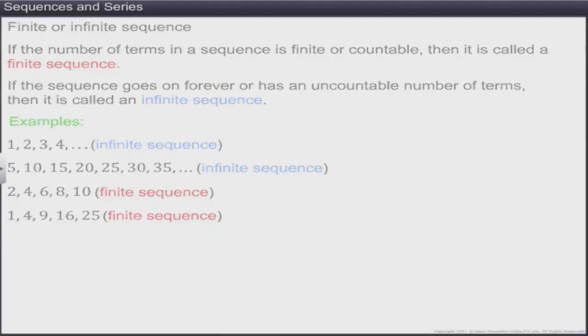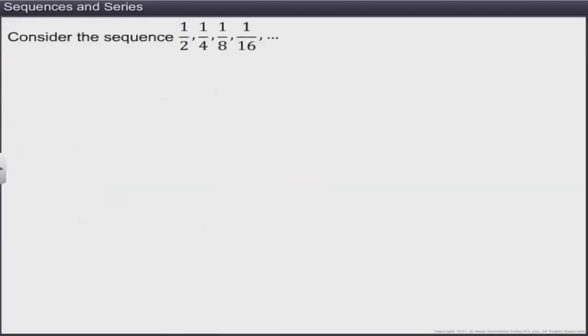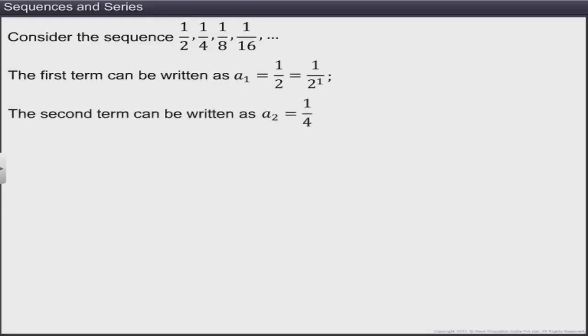For example, consider the sequence 1/2, 1/4, 1/8, 1/16, and so on. The first term of this sequence, 1/2, can be written as 1/2 raised to the power of 1. The second term, 1/4, can be written as 1/2 raised to the power of 2.